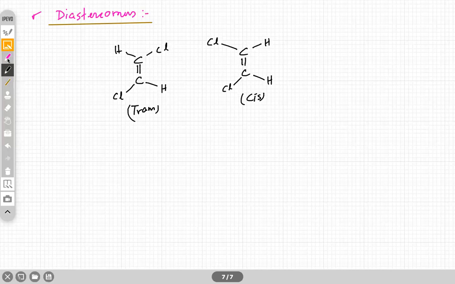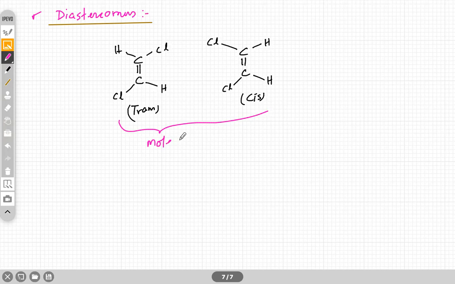Molecular formula is same, right? They have the same molecular formula, but they are not mirror image of each other, are called diastereomers.